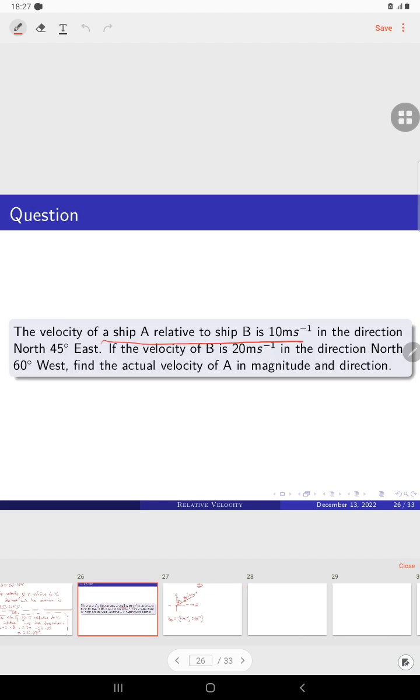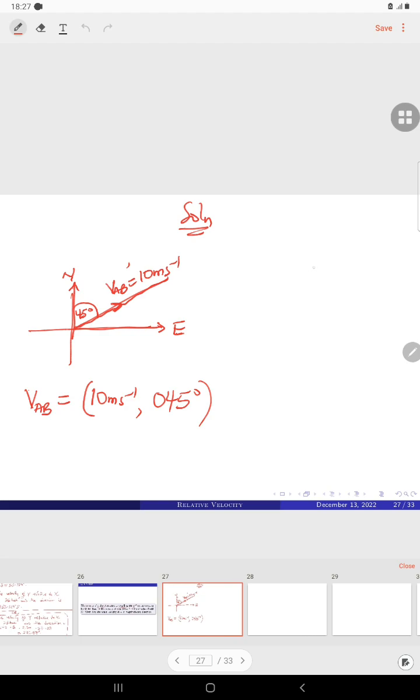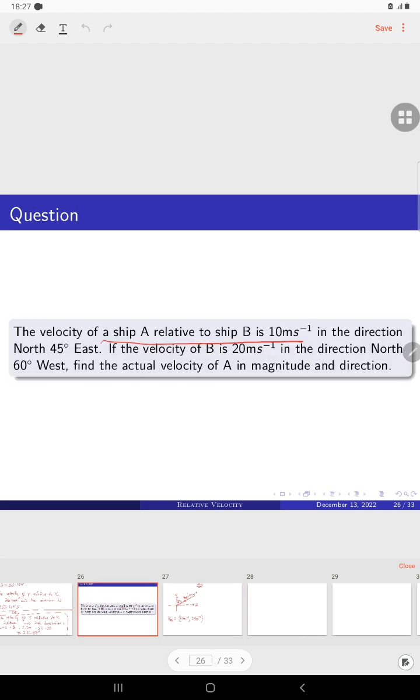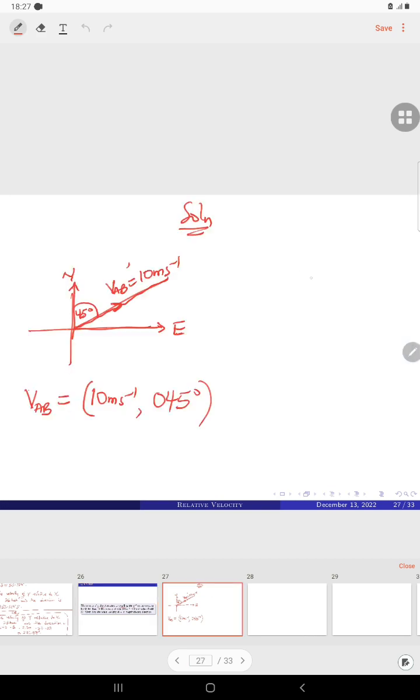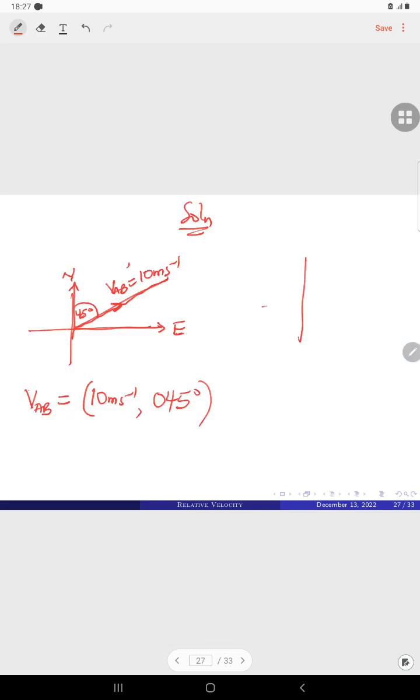Let's look at the other one. If the velocity of B is 20 meters per second, we are given velocity of B. Okay, and the direction is north 60 degrees west. Let's draw that. This is north, this is west, right? So north 60 degrees towards the west.